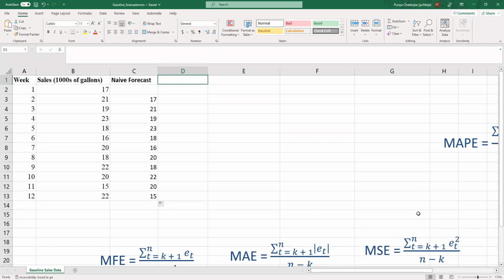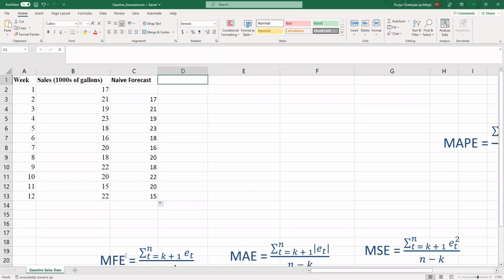You want to apply a forecasting method which has a lower error. So a forecasting method with a lower error is a better method. What I'm going to show you is how to calculate these forecast errors using these methods.